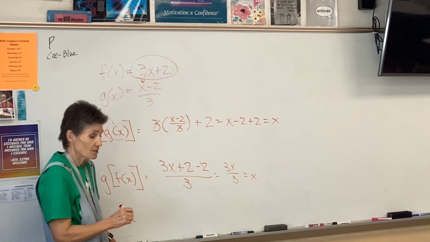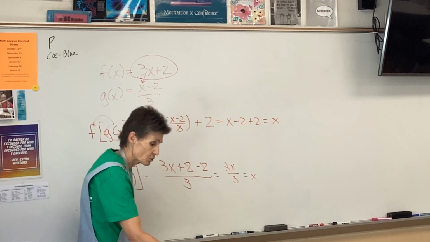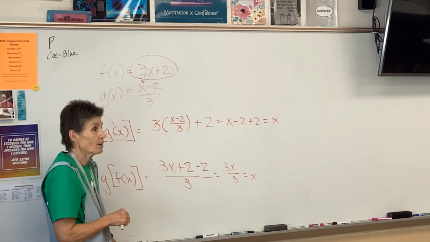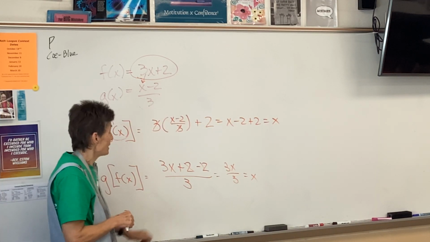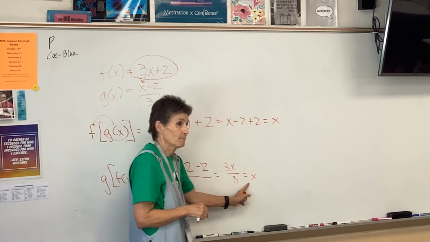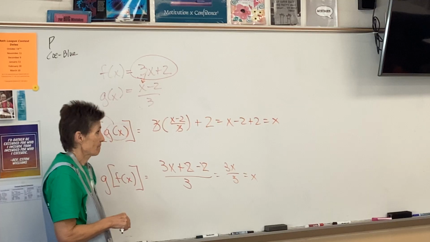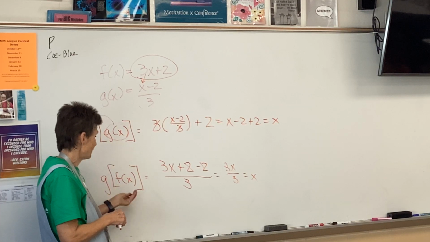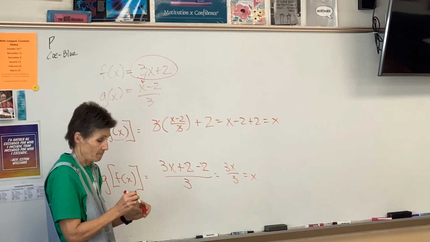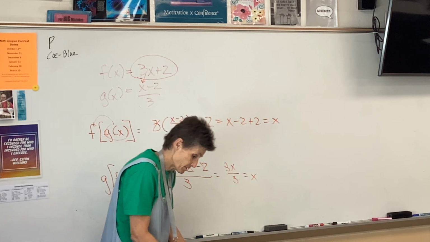If the two equations you're concerned about are indeed inverses, this will happen. Has to be both. So you're going to do this and this. All right, let's try B.